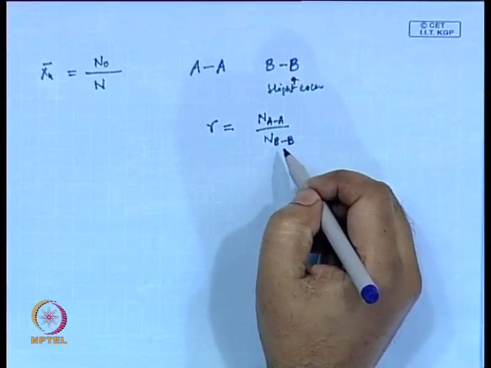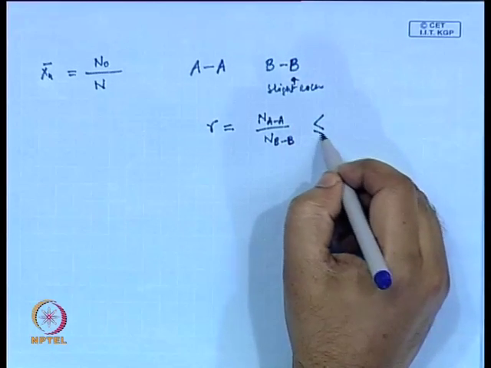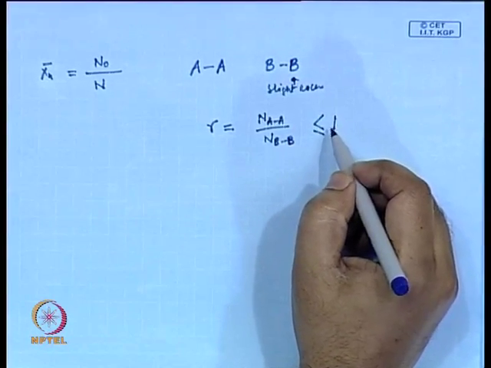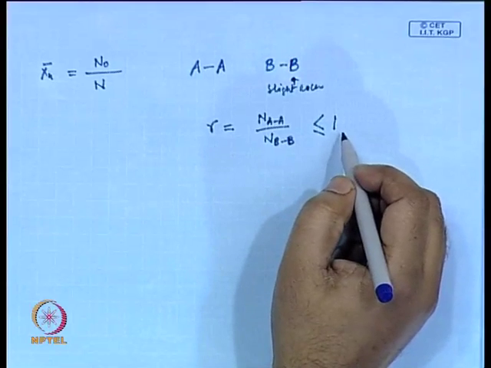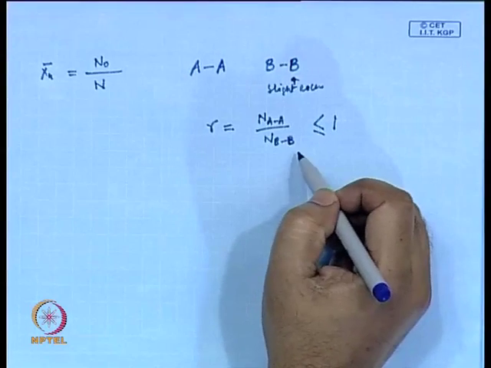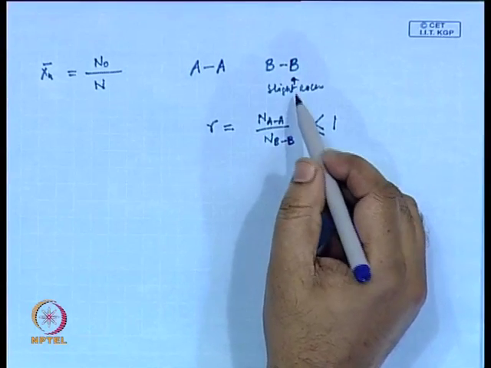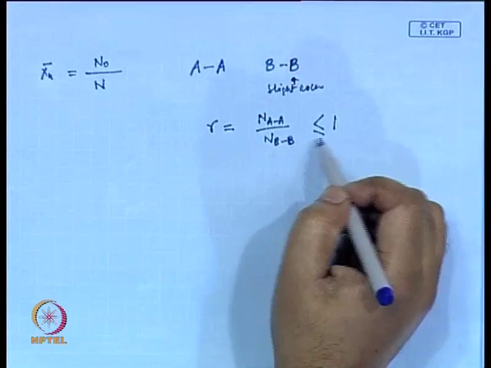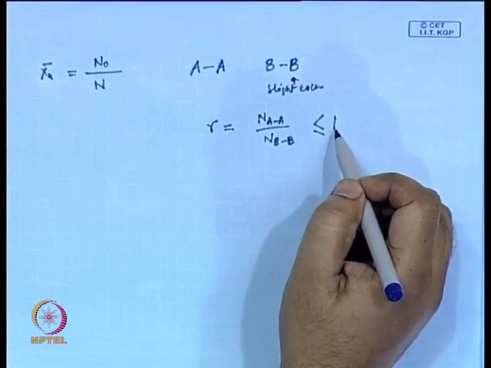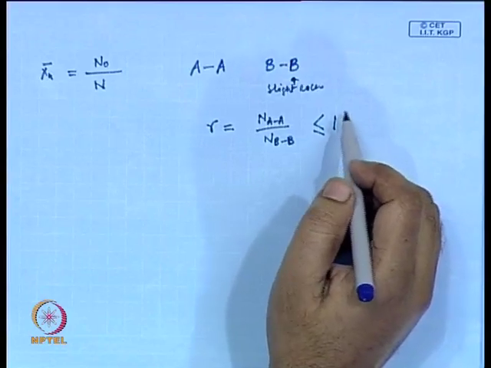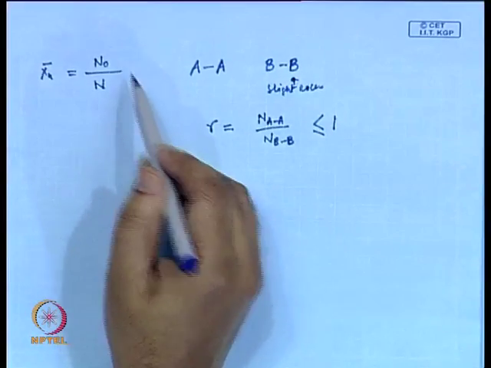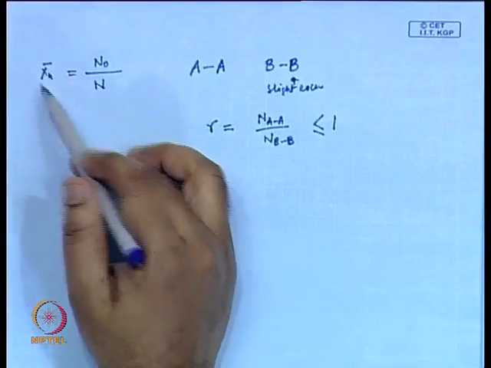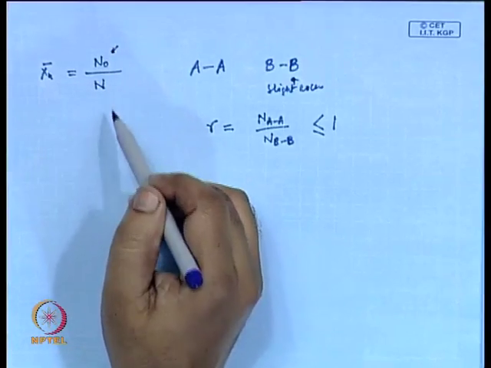Now, R is defined in such a way that it is always less than or equal to 1, it will never be more than 1. So, the monomer which is present in excess should come as the denominator, so that R is always less than or equal to 1.